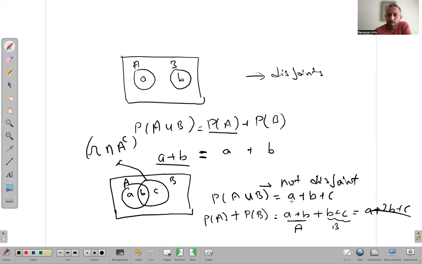So A plus B plus C is less than A plus 2B plus C.